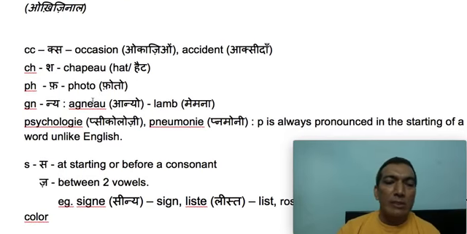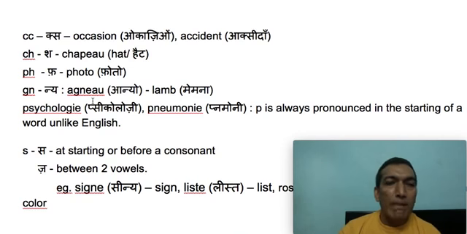Then some other sounds which can create some confusion. That's why I have taken them. So the say, whenever you have the say or double c, it is pronounced as k when it is followed by a. Okay. So occasion, occasion as in English also.